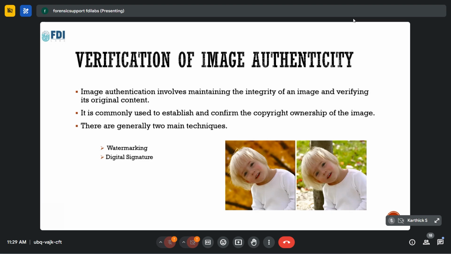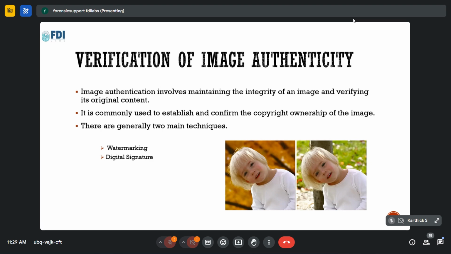Authentication methods help to give integrity to an image, and it is necessary to protect these images from manipulations.